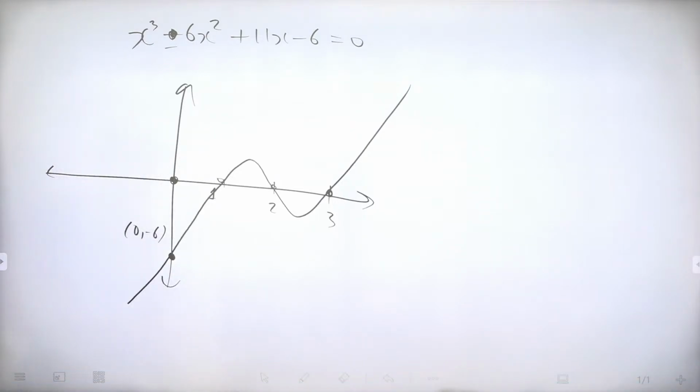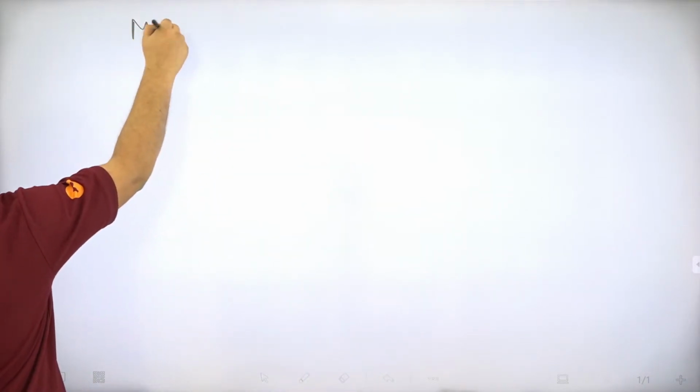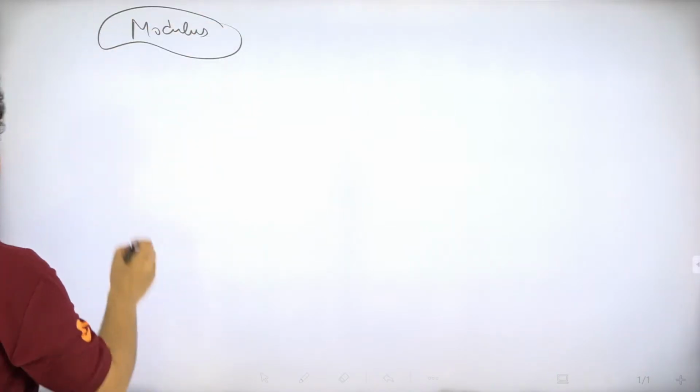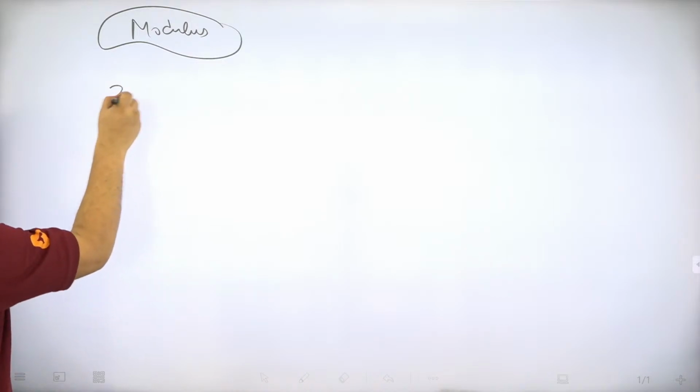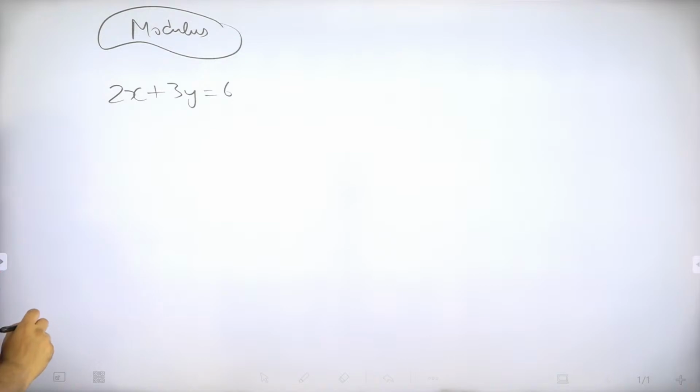All right. Now, the next thing which is important is the graphs for modulus. In modulus, what actually happens? If I take the very simple linear equation which we did earlier, 2x plus 3y equal to 6, and then someone puts a mod over it. Clear?